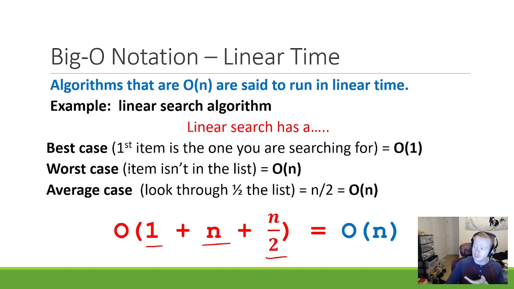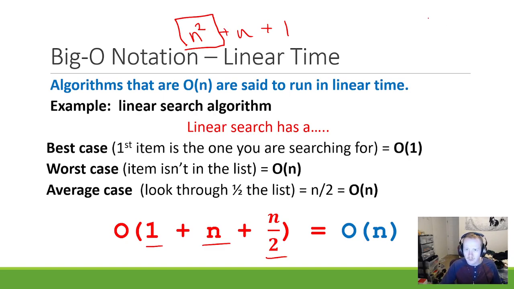So with algorithms, whatever your highest power is, that's usually what it's going to be. So if linear time had a worst case of n squared, and then everything else was like n and some sort of constant, this n squared is going to outpace any other number, so we don't have to worry about the other numbers.